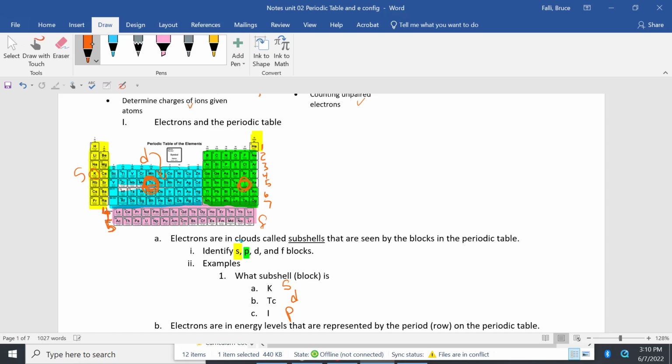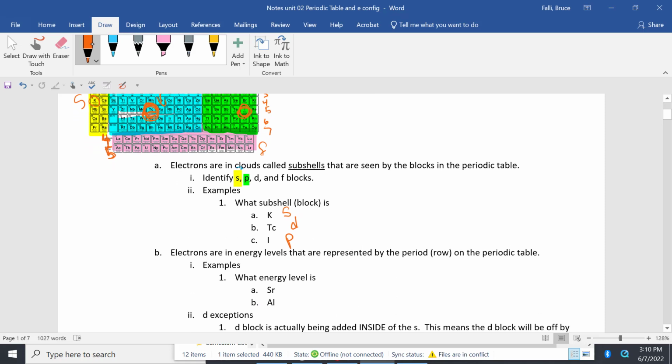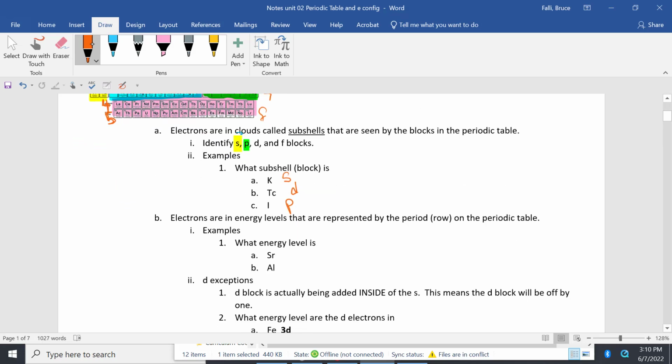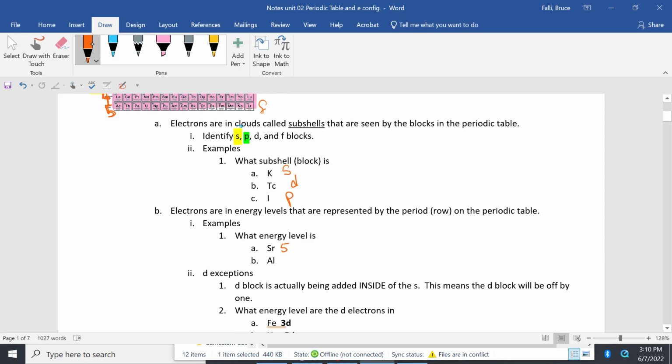I know that's weird, but that's where they are. What energy level is Sr in? Sr is right here. The energy level is 1, 2, 3, 4, 5. It's in the fifth one. And aluminum is right here, which is in the 3rd.